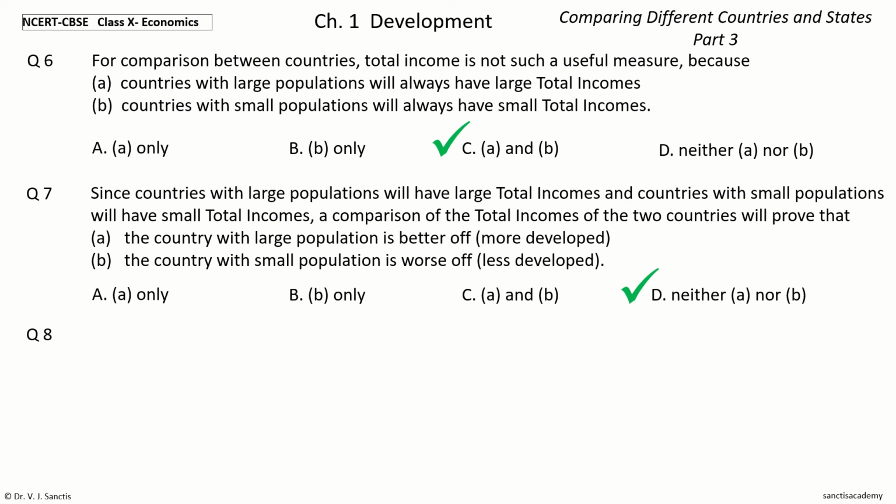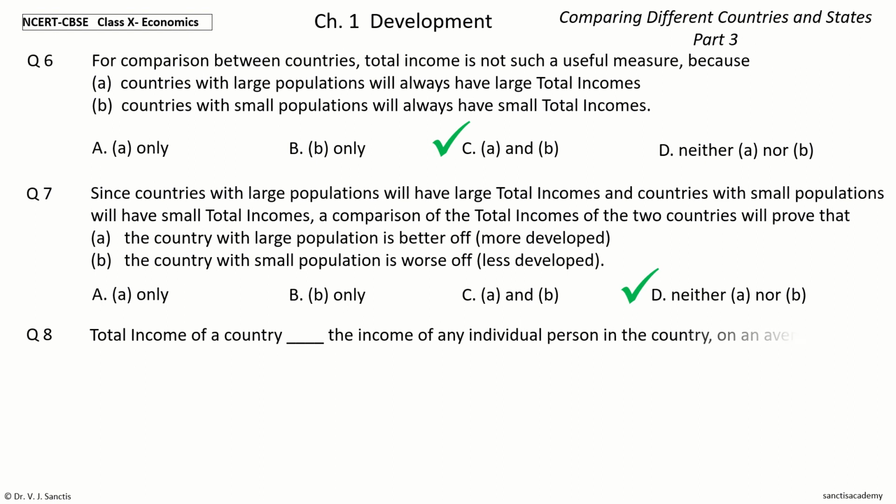Question 8. Total income of a country dash the income of any individual person in the country on an average. The options are reflects, does not show, does not analyze, assumes.